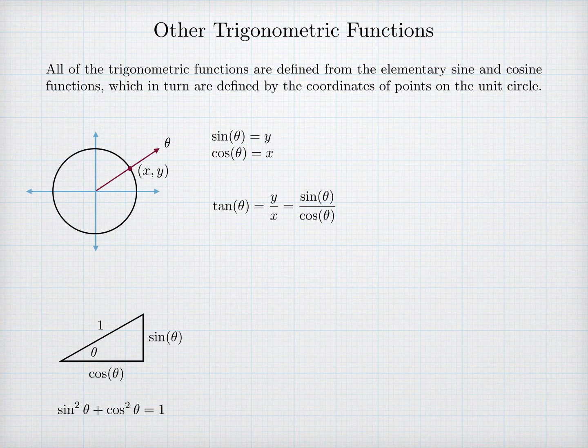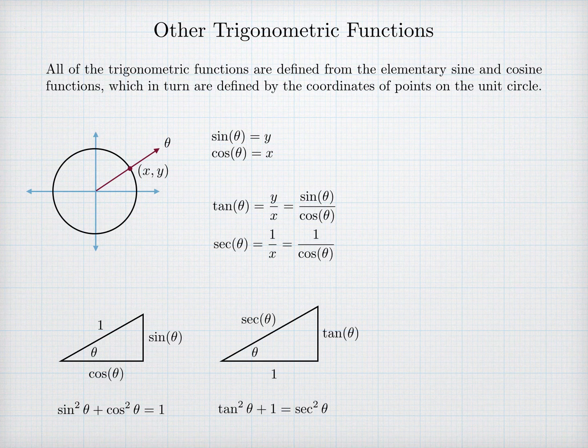All right, if I think about my right triangle with sine and cosine, if I divide the sine by cosine, I can create a similar triangle if I divide all three sides by the cosine. And this gives me the motivation for our next trigonometric function, the secant. So if I take 1 and divide it by the cosine, that's the secant of the angle.